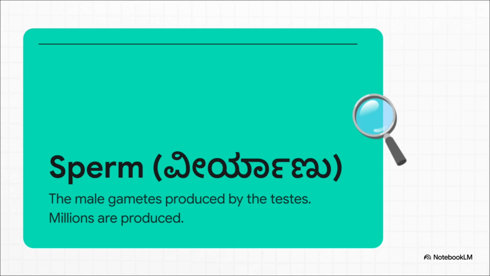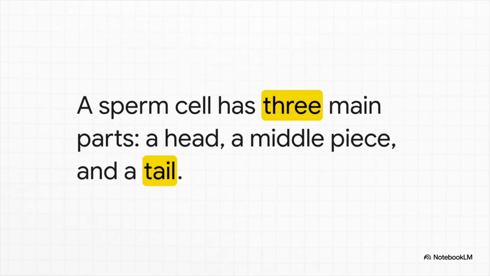And what's just wild is the sheer number we're talking about here. Not thousands, but millions. This isn't just for show, it's a numbers game. It's a strategy to beat the absolutely incredible odds of a very dangerous journey. Each one of these millions of tiny sperm cells is perfectly designed for its mission. It's got a head, which carries the all-important genetic code.